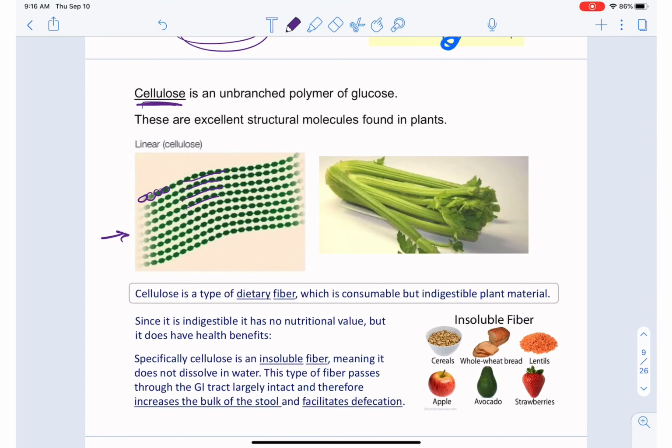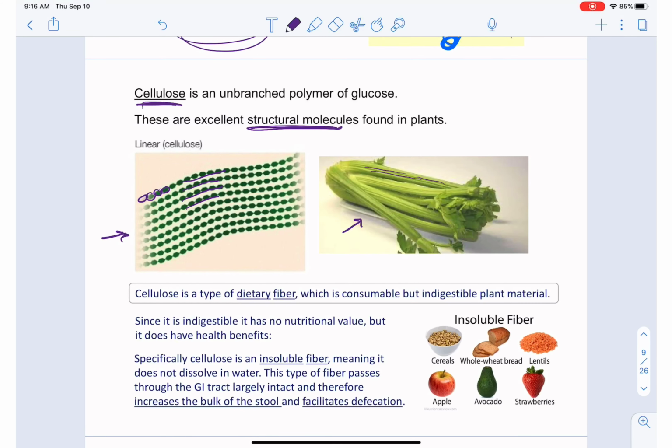Now, cellulose is found in plants, and they're excellent structural molecules in plants. They give plants structure, they give them rigidity, and celery is a good example of that. In fact, you can see the cellulose running up through here, giving this celery its rigidity. And if you bite into that celery and you get those strings caught in between your teeth, that's cellulose.